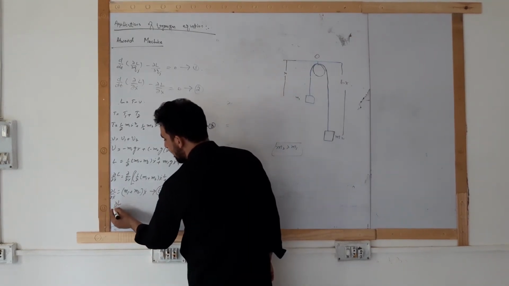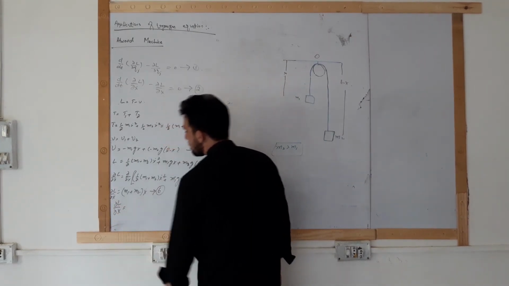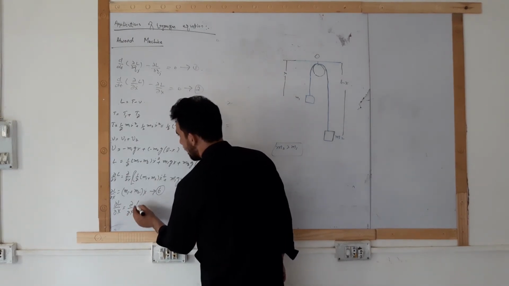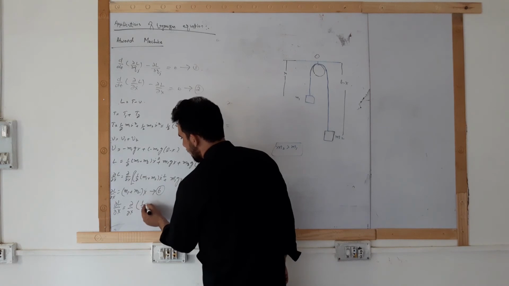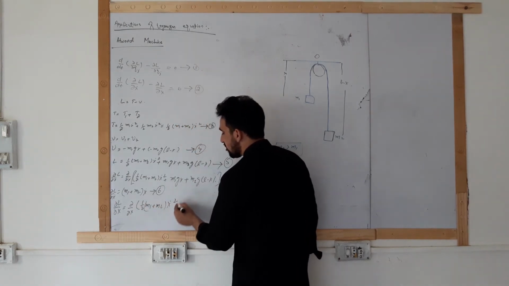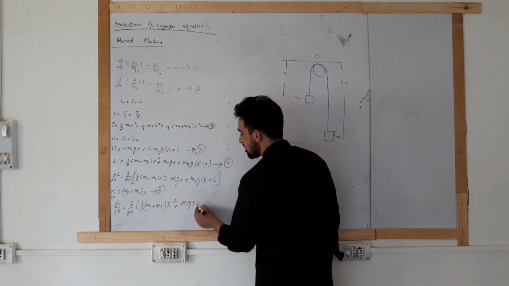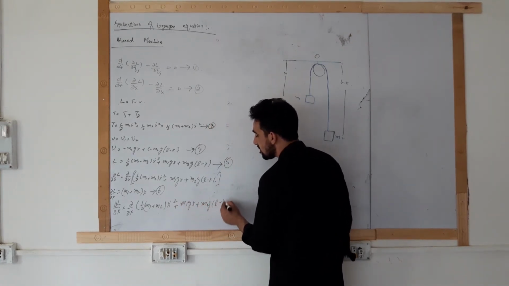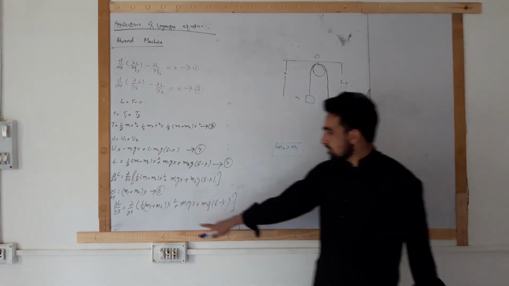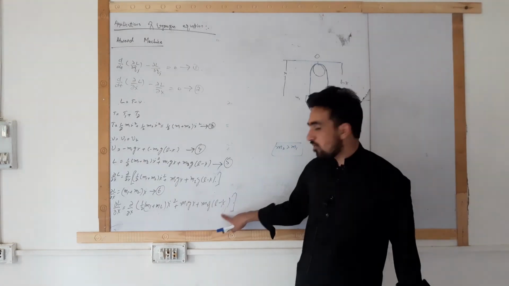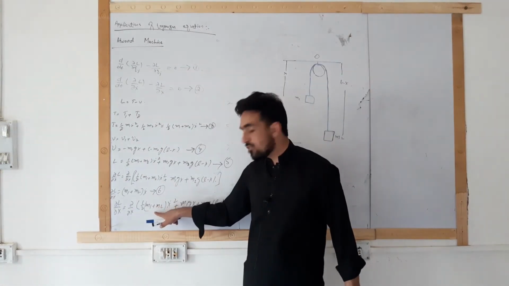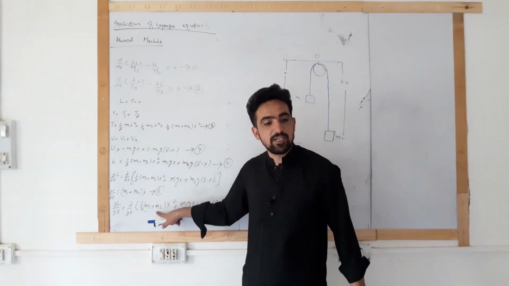Similarly, partial L by partial x is equal to partial by partial x of equation number 5, that is half M1 plus M2 times x dot square plus M1 g x plus M2 g times L minus x. These two terms involve x and they can be differentiated with respect to x, while the derivative of the first term with respect to x becomes 0.